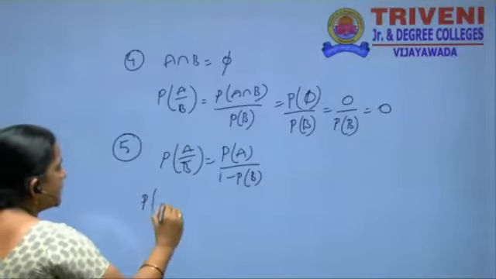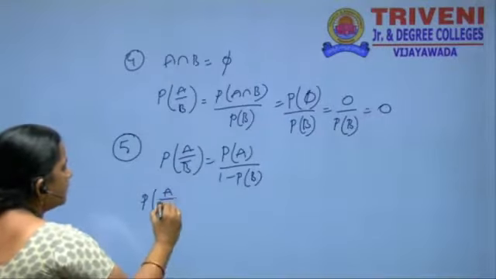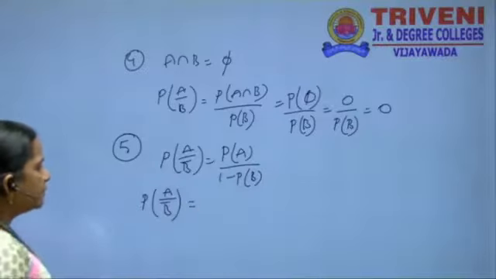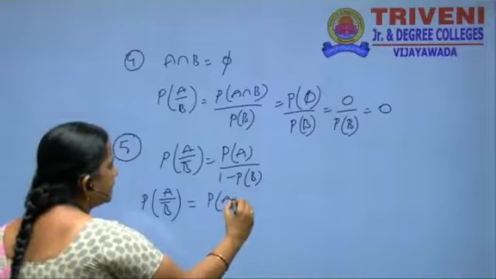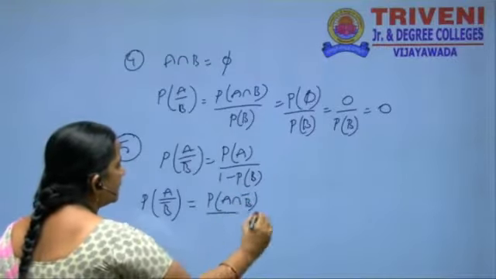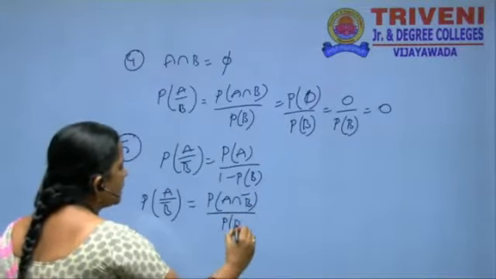Then we take the LHS here. P of A by B complement can be written as, by using the multiplication theorem, P of A intersection B complement by P of B complement.